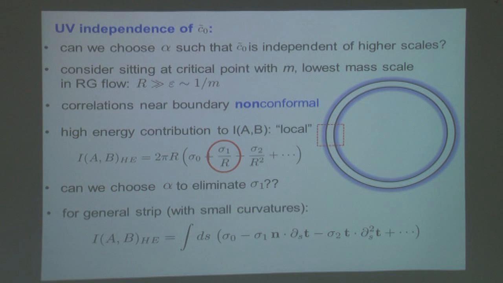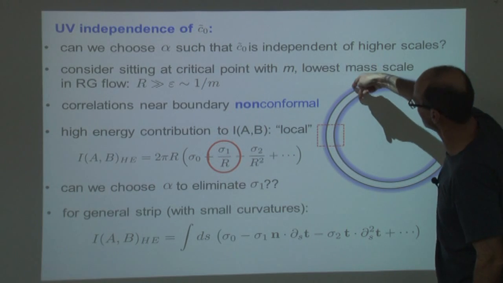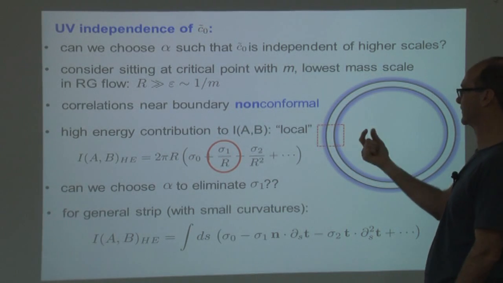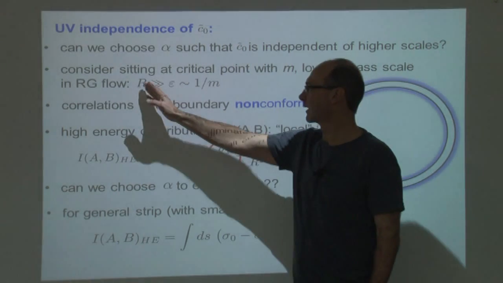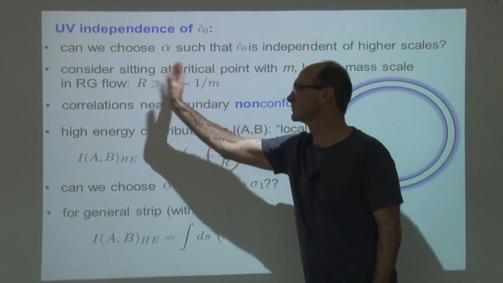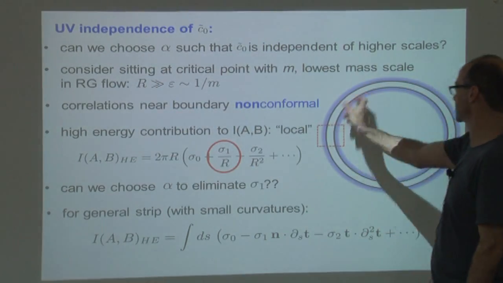To make progress, one way you can see how to do that is to think not about this circular annulus, but about a more general strip of some fixed width, with small curvatures. So it's varying gently on the scale of epsilon, and the scale of the curvatures is always much bigger, but it doesn't have to be a circle.